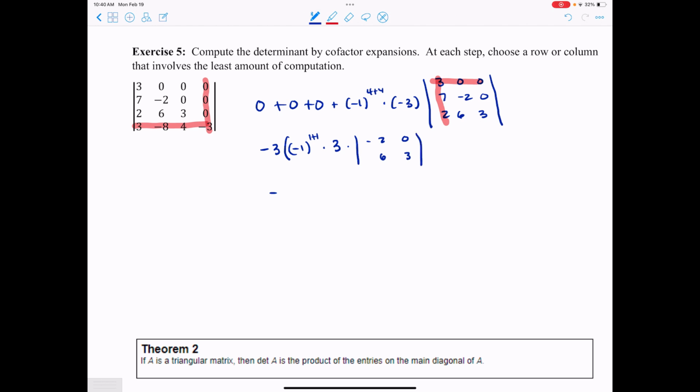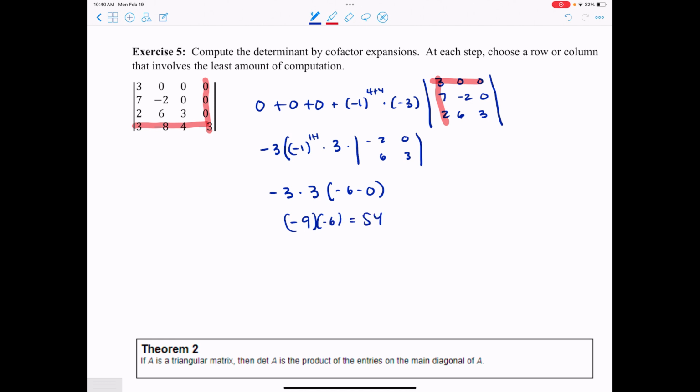So I have negative 3 times 3, since that negative 1 is a positive, negative 1 squared is positive, times negative 6 minus 0. So I have negative 3 times negative 6, so I get 54.